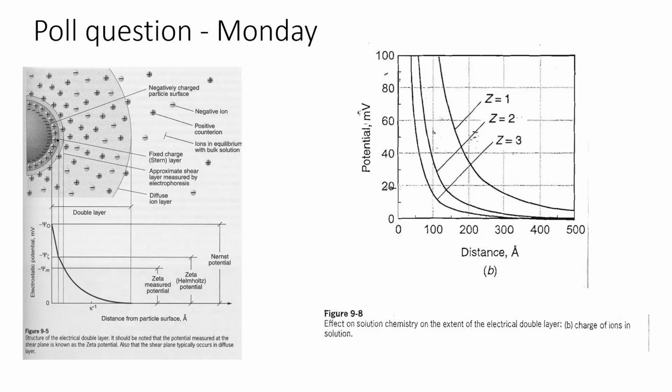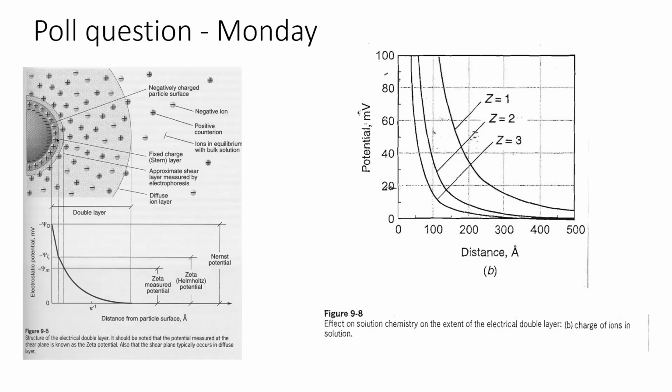Think about it this way: if you could put a little string on that layer and pull it, the ions would move with it. And then we have the double layer, a more diffuse concentration of ions that are somewhat associated with the particle itself.